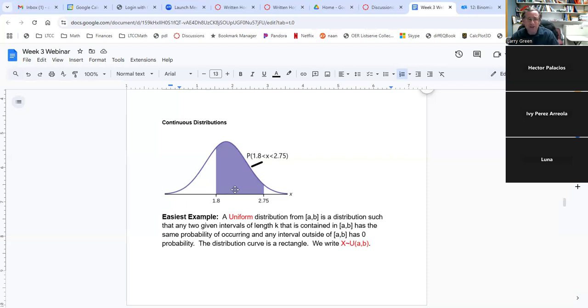I'll let you know that a normal distribution is a continuous distribution. You cannot make a table of all the possibilities. It's continuous. And if you want to find a probability, then you're finding the area between the low and the high under the curve.